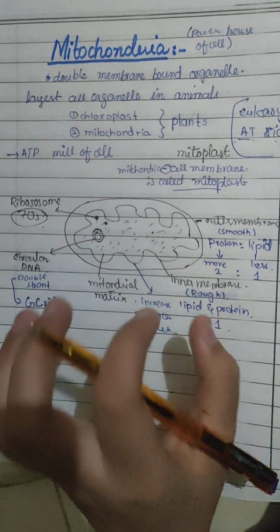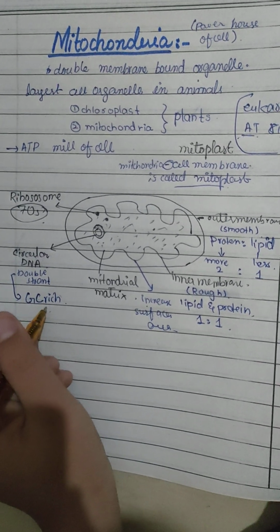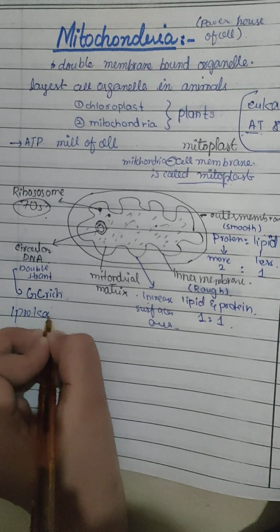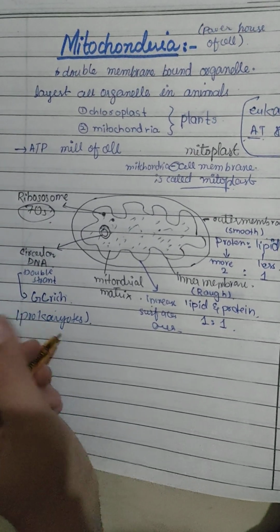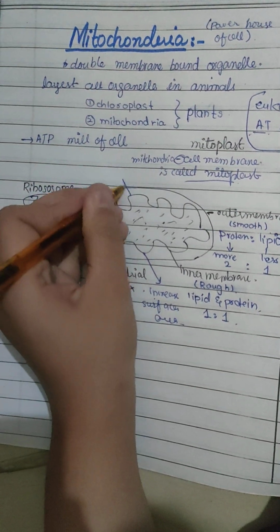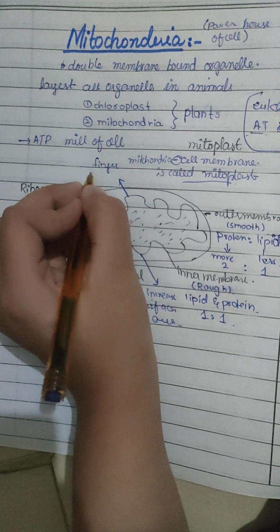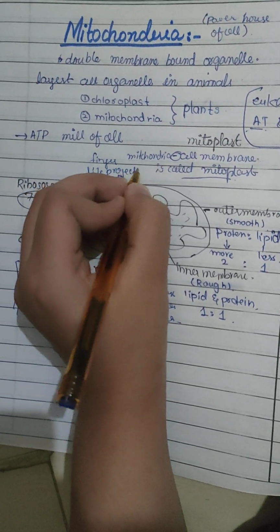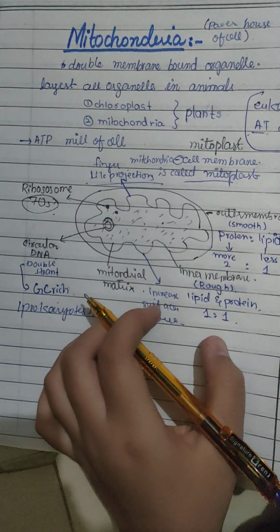These are the nitrogenous bases. Now here we have what? These are in the prokaryotes. Fine. Here these are also known as finger-like projections. Fine. Hopefully that is clear to you.